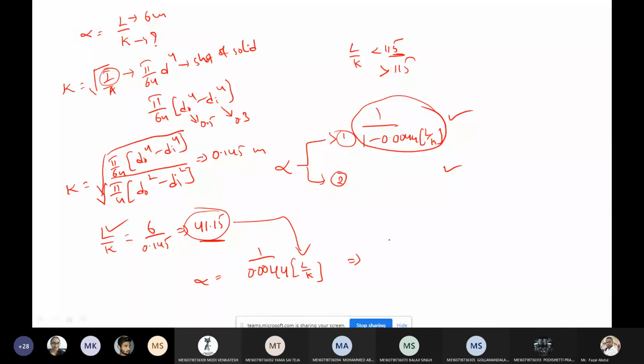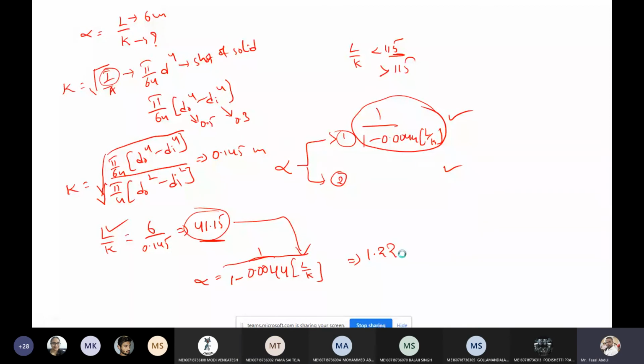First, what is alpha? Make it fast, Babu. 1 by 1 minus 0.0044 into L by K. 1.22. Very good. Alpha value we got.